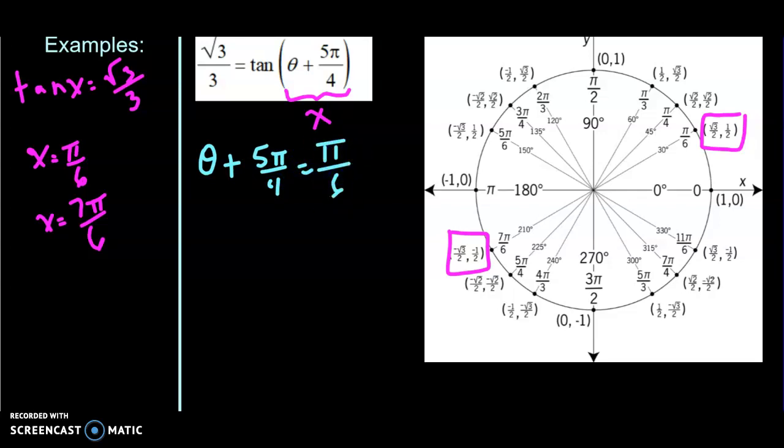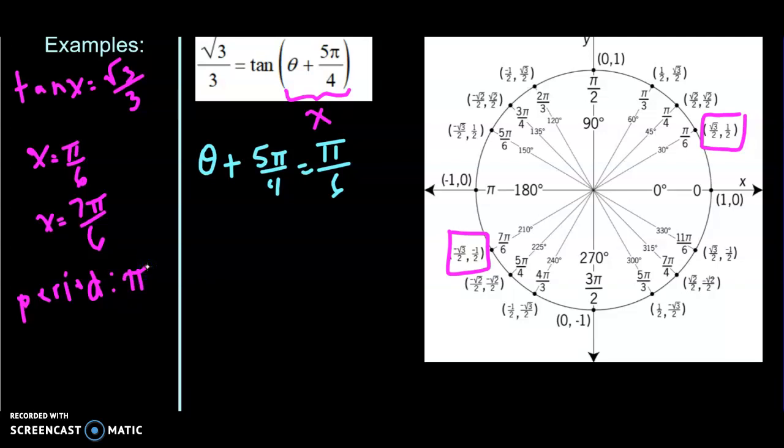Before we move on, let's find the period of tangent. Remember, it's always pi over b, and in this case the b value is just 1. So the period of tangent is just pi.